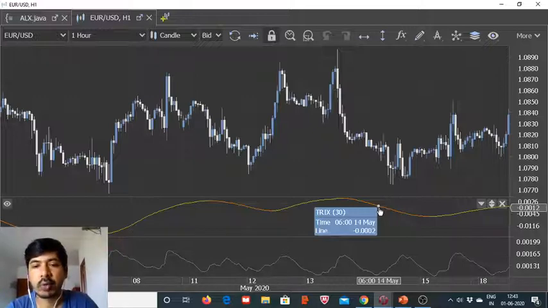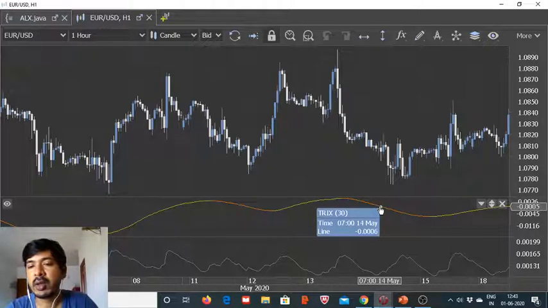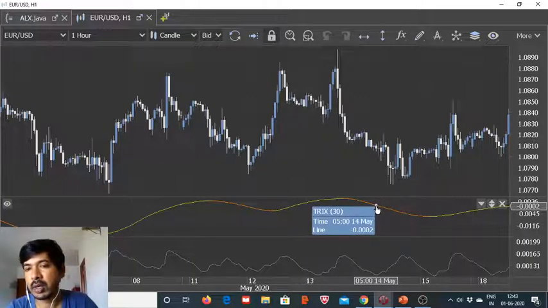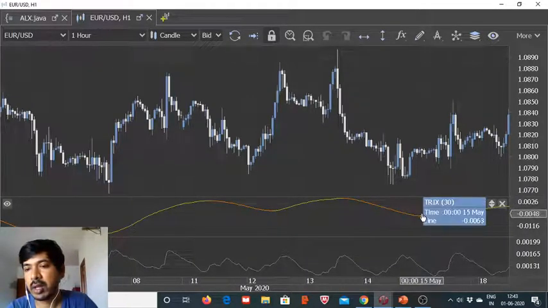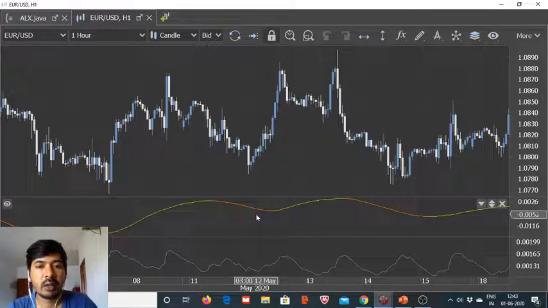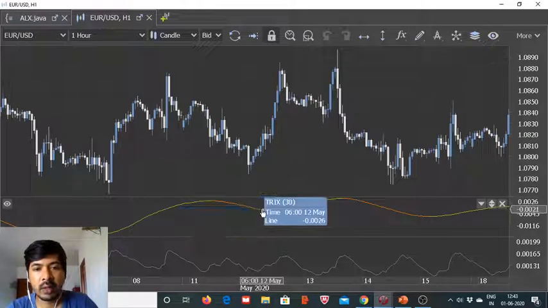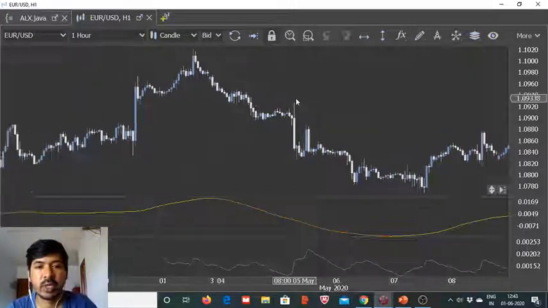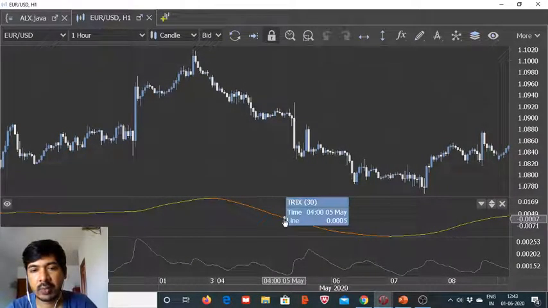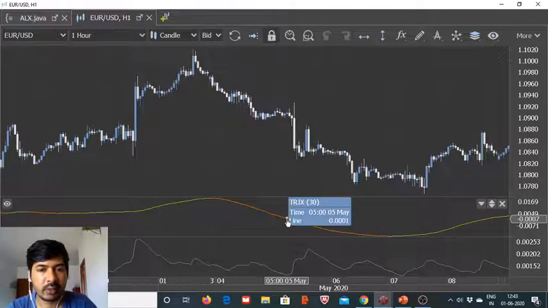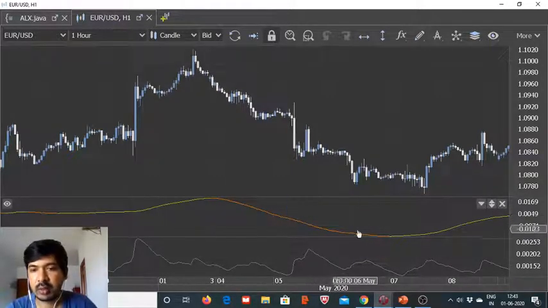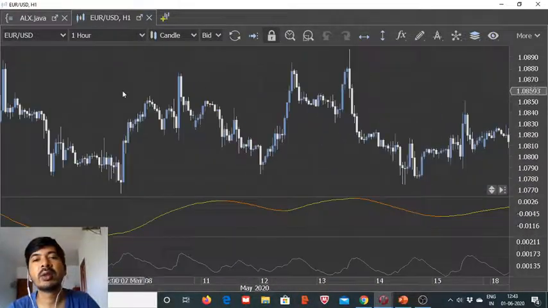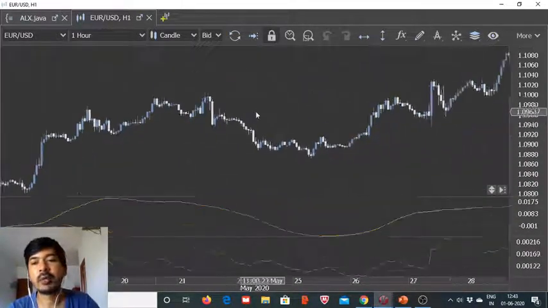But still, as you can notice, on 14th of May we had this change in momentum and it entered into a negative territory, and that lasted even here less than 24 hours, but still there have been a couple of occasions when we had the short selling opportunity, and here it lasted for extended time, almost 2 days. So those are the opportunities which our algorithm will try to exploit.